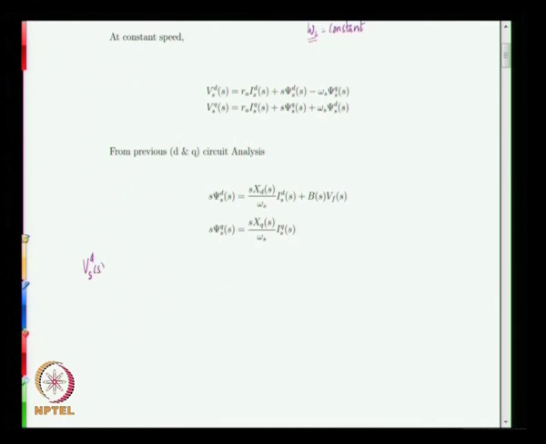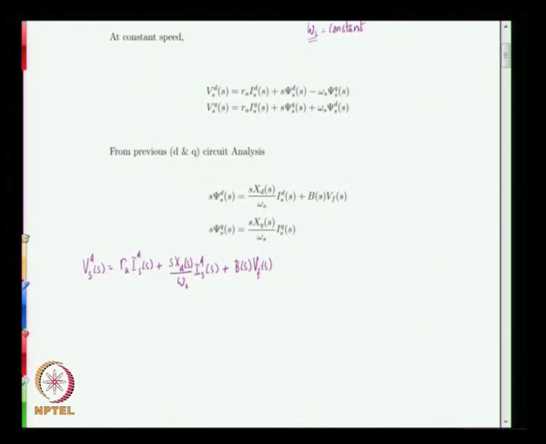Vd as a function of s can now be written as Ra into Id as a function of s plus s times psi d, which is nothing but the expression that we have here, and therefore that is s xd of s by omega s into Id of s plus B of s into Vf of s.